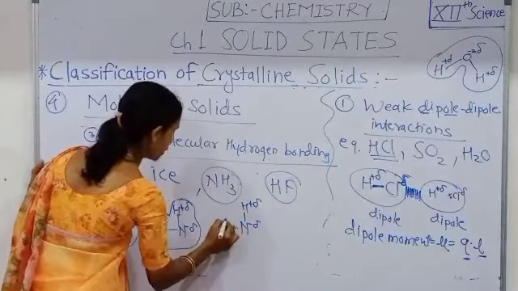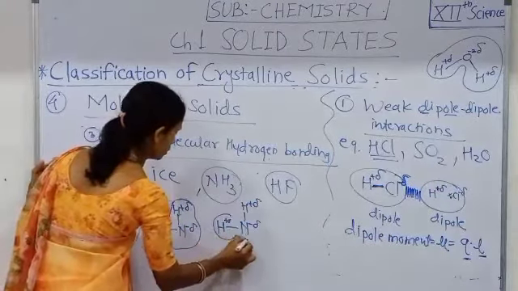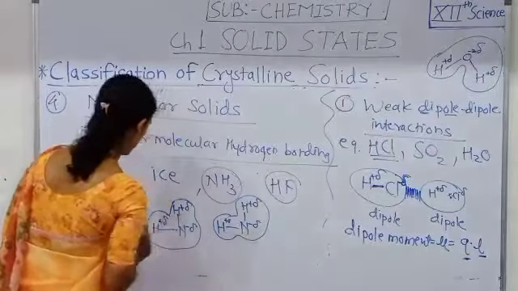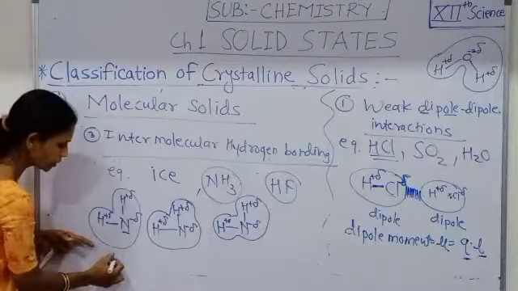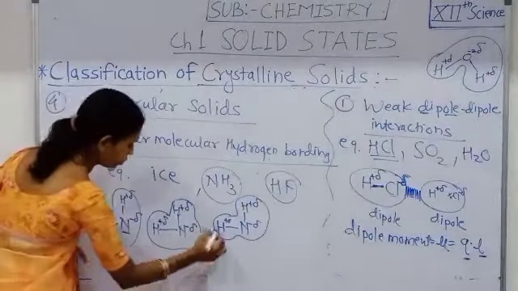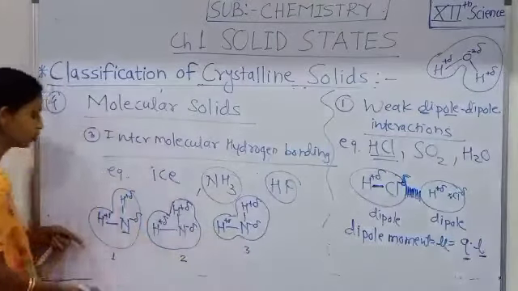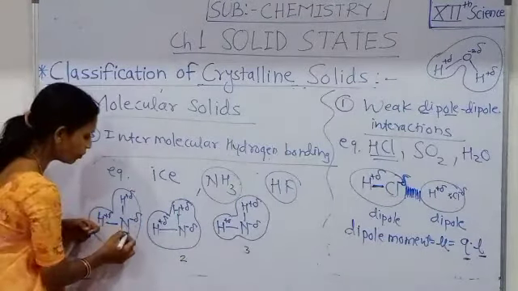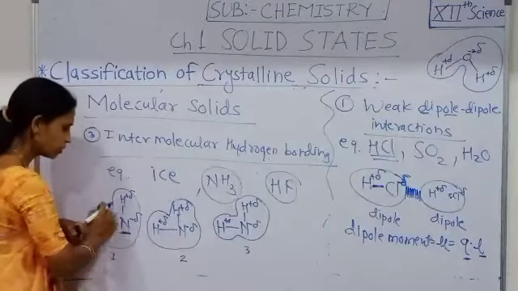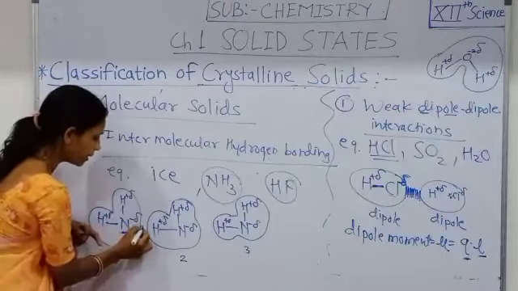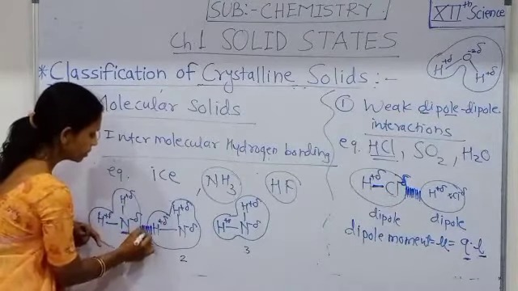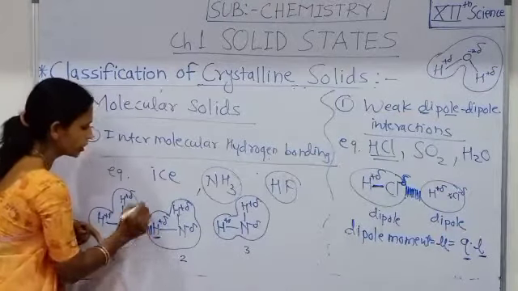which is also dipolar in nature. Then see here, it is the first molecule of ammonia, the second molecule of ammonia, and the third molecule of ammonia. The negative pole of nitrogen of this molecule is attracted towards the positive pole of hydrogen.